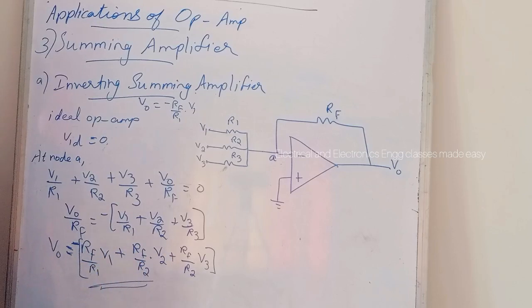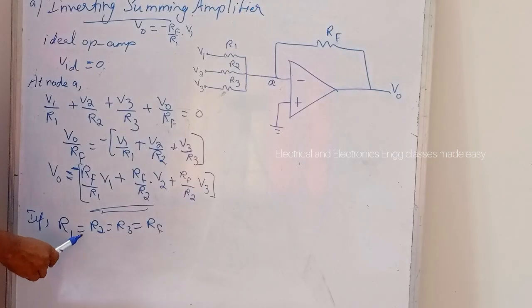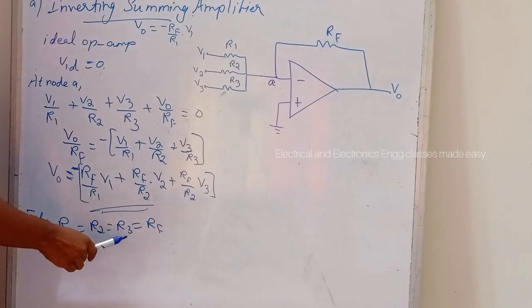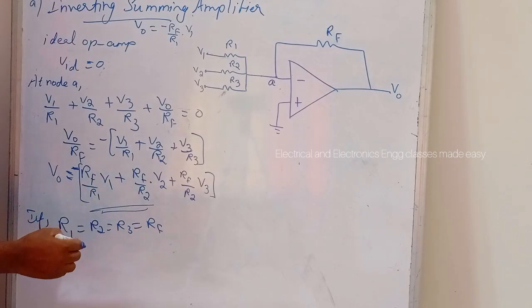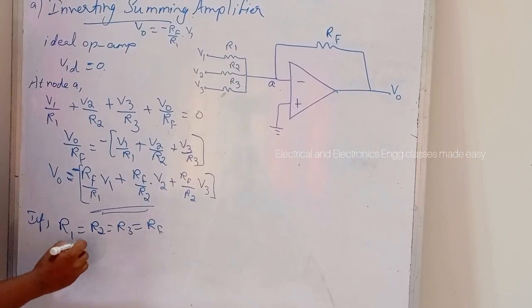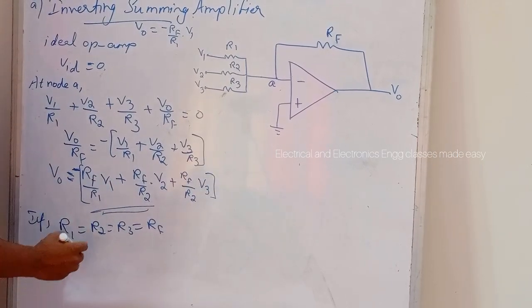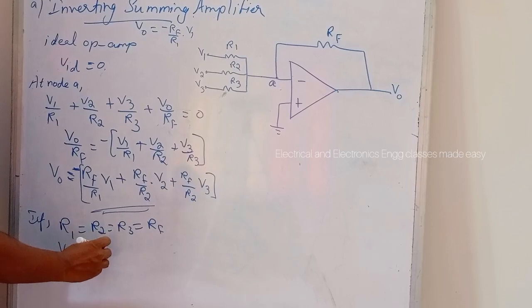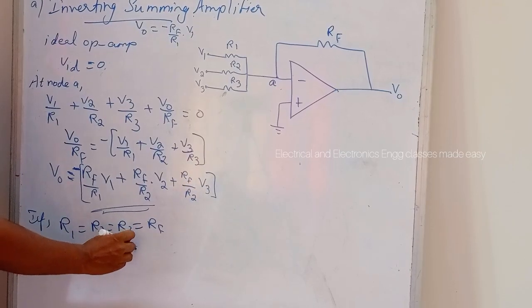And in the special case when R1, R2 and R3 are equal to RF, that is, if R1 equals R2 equals R3 equals RF, then what will be V0? Then V0 will be equal to minus of V1 plus V2 plus V3.